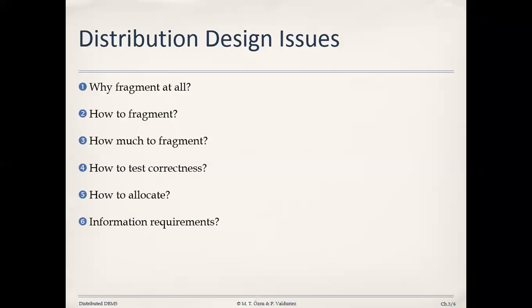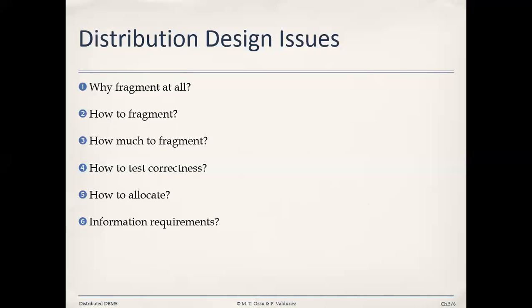And what about issue number 4? Let's suppose you have decided about the fragments and made them, fine, but how will you ensure that the fragments you have created are correct? So there is some criteria to check or validate the correctness of the fragments.